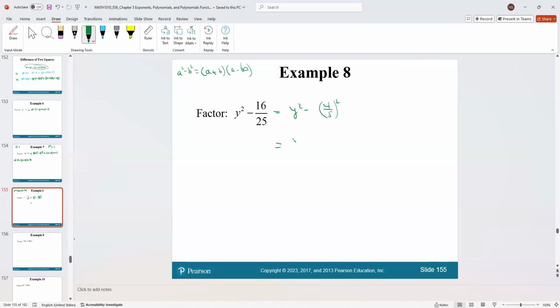So the answer would be y minus 4 over 5 times y plus 4 over 5. The only thing that makes it different is that with the two terms, one has a positive sign in the middle and the other has a negative sign. So that's how we're going to proceed.